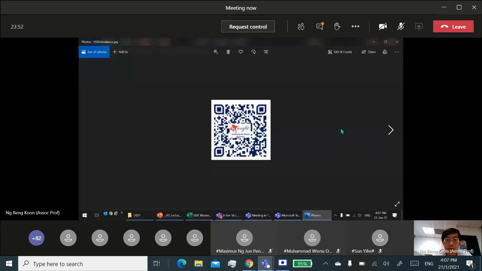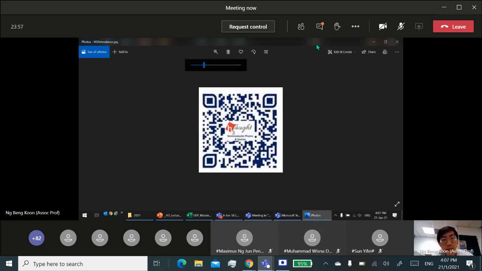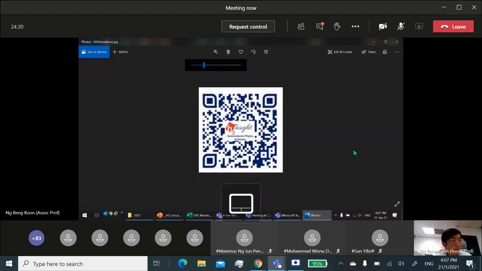Okay. Yeah, for those who have not signed your attendance, please scan this QR code and sign your attendance. Okay, all logged in already, your attendance?